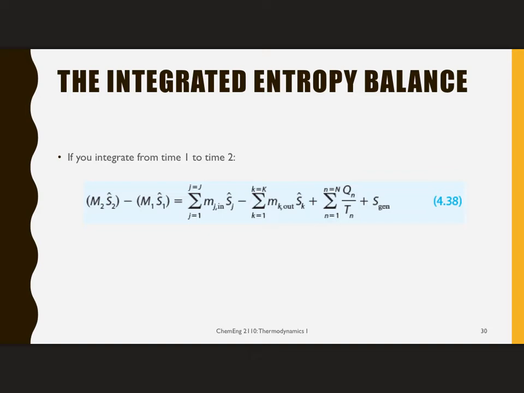Keep in mind that those have to be absolute temperatures, and then we'll add to that Sgen. Again, Sgen needs to be zero or positive, otherwise the system is impossible.